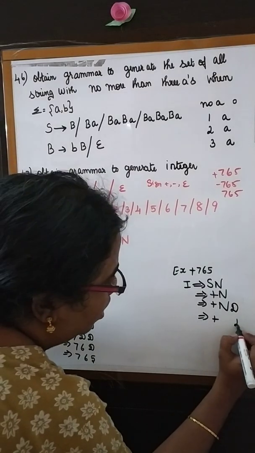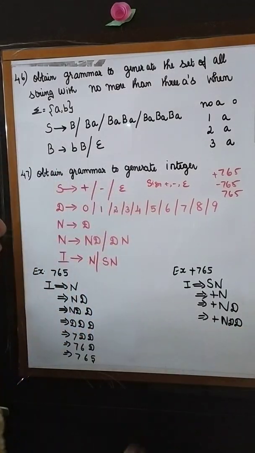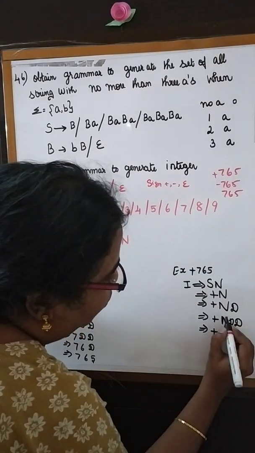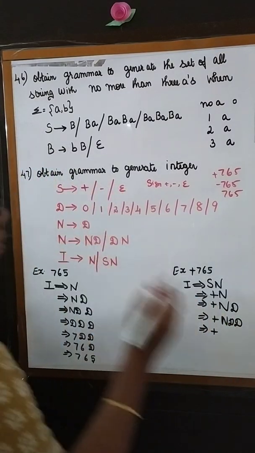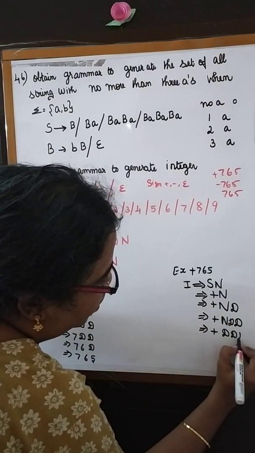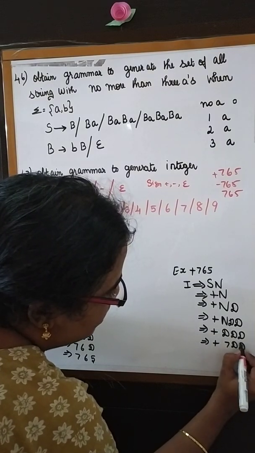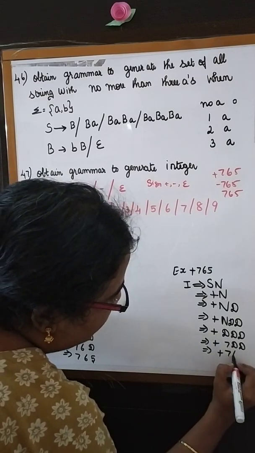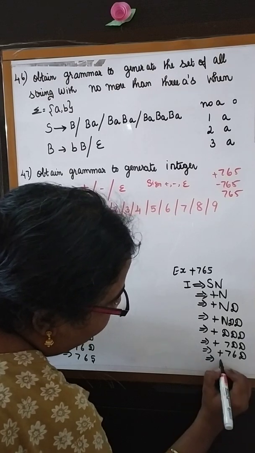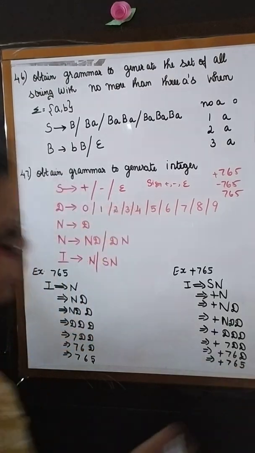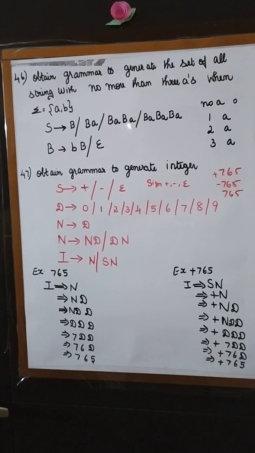One more digit I need, so I get ND, and then for this N I am going to substitute this D. Now for this digit I am substituting 7, for the next digit 6, and for the last digit 5. So this is an example.